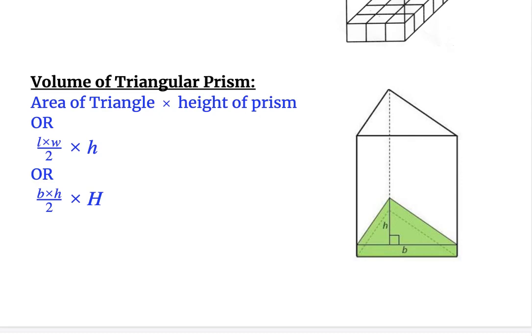Since some people talk about base times height divided by 2 times the height of the prism, you'll see that there's a small h and a big H. So small h is the height of that small 2D shape, just that one 2D shape, and then the big H is the height of the entire 3D shape. So that's how people kind of distinguish between the 2 different heights that we're talking about.